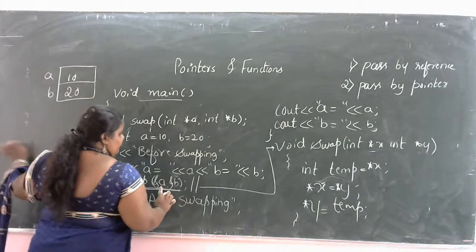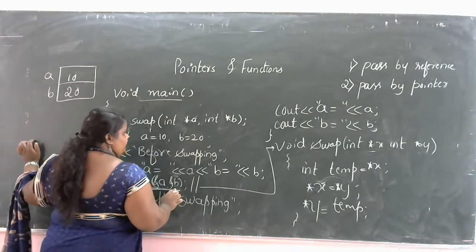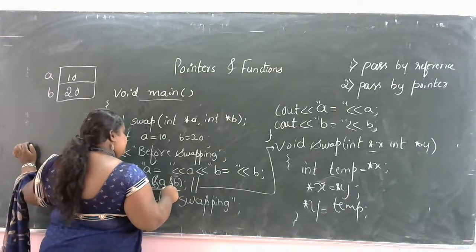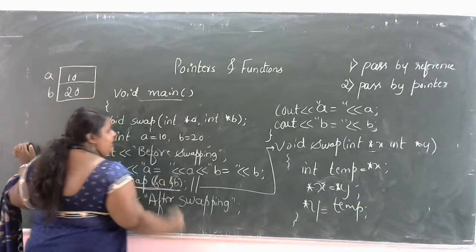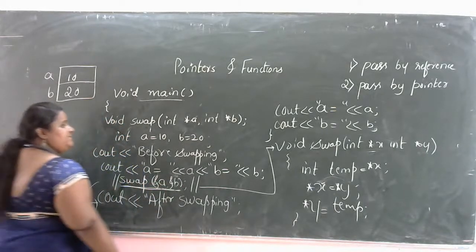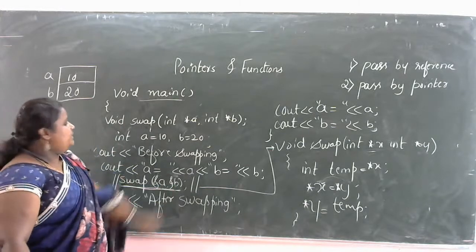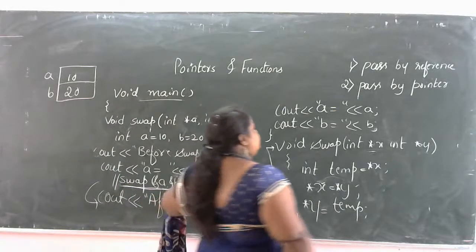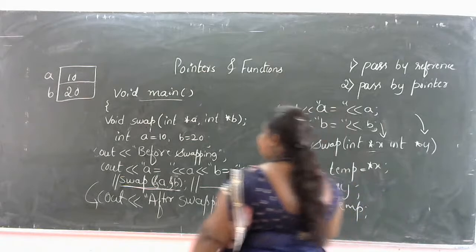Swap ampersand a, ampersand b. What you are passing here, instead of values, is the address. Ampersand means address, right? The address will be passed here, and this address will be held in x and y.